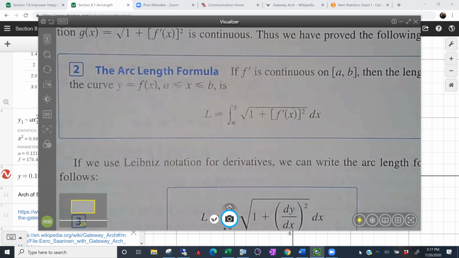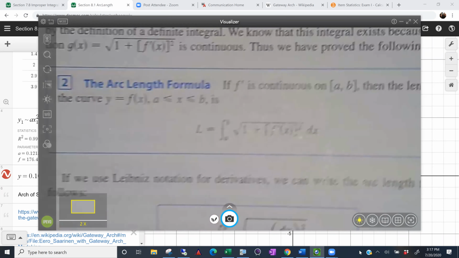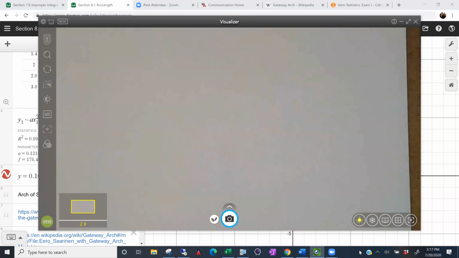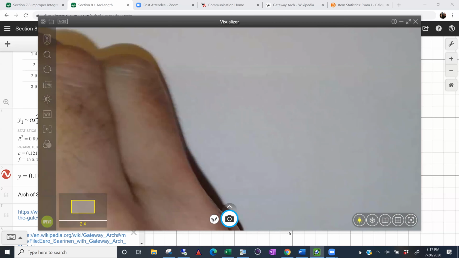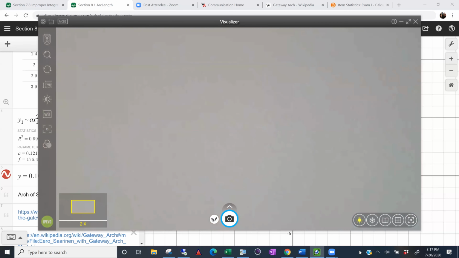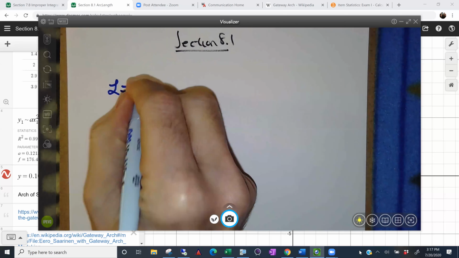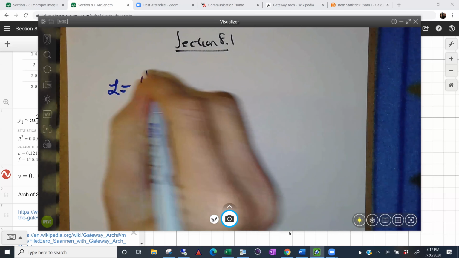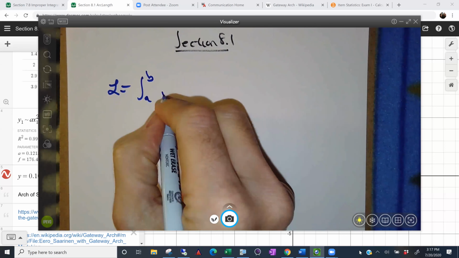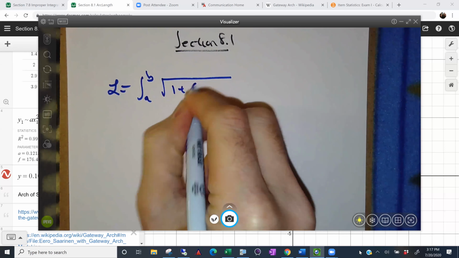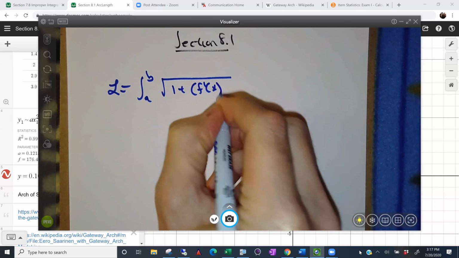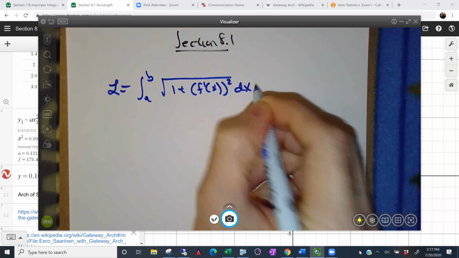So start by writing that formula in your book or in your notes or someplace. So we're going to have L, and let's see, I can zoom out now. L equals the integral from A to B of the square root of 1 plus f prime of x squared dx.